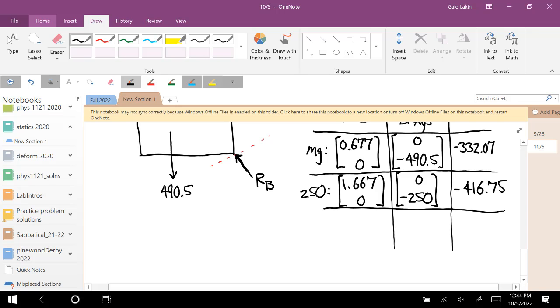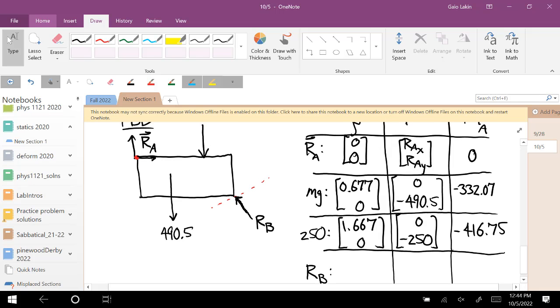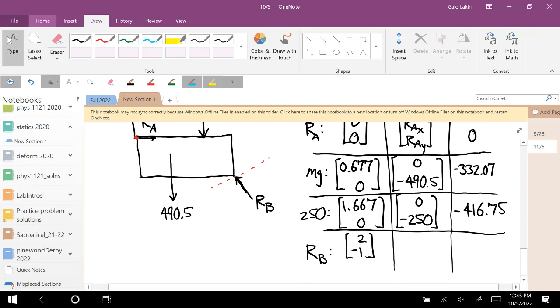And then the last one is that RB. The rho vector is 2 for x, negative 1 for y. This one, we know the direction, so we have to come up with a unit vector for that direction.